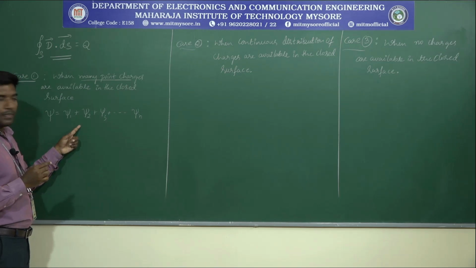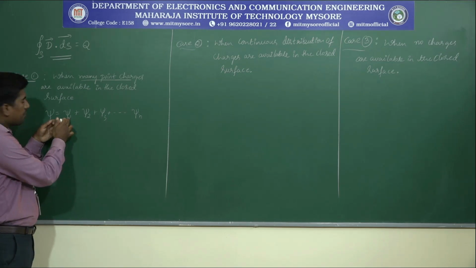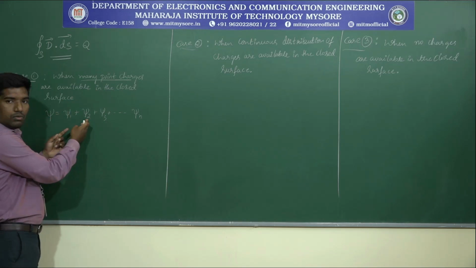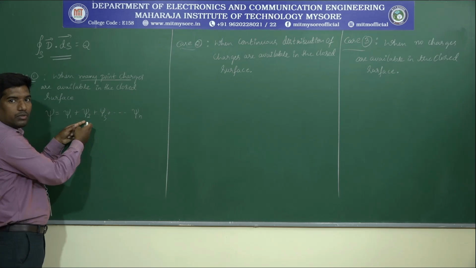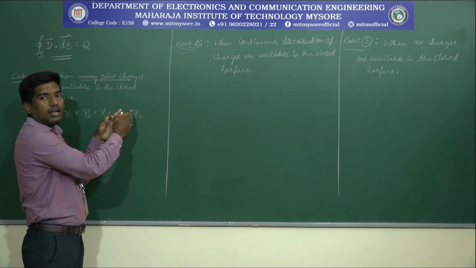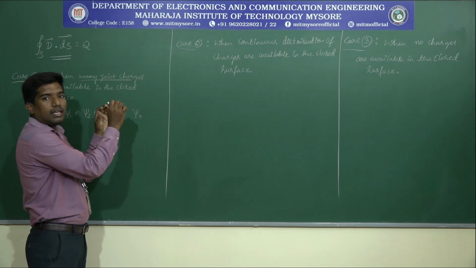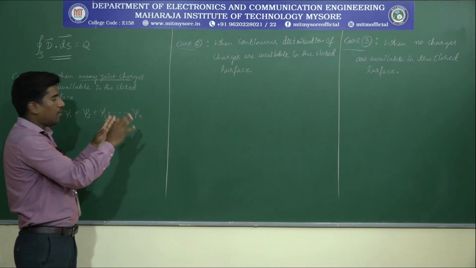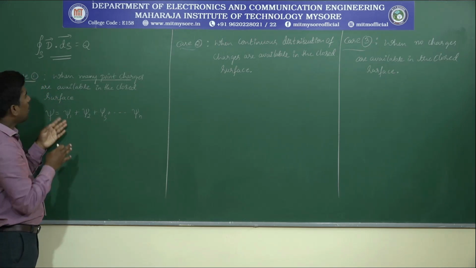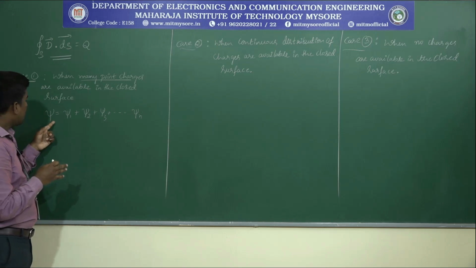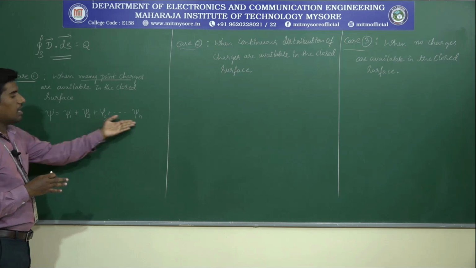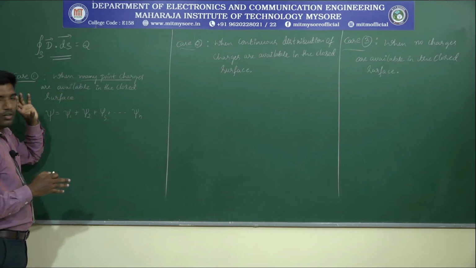We have seen already: psi 1 is the electric flux contributed by point charge q1, psi 2 is the electric flux contributed by charge q2, and similarly psi n is the electric flux contributed by the nth point charge qn. Summing all these in order to obtain psi, this is how you calculate the electric flux using n number of point charges within the closed surface.